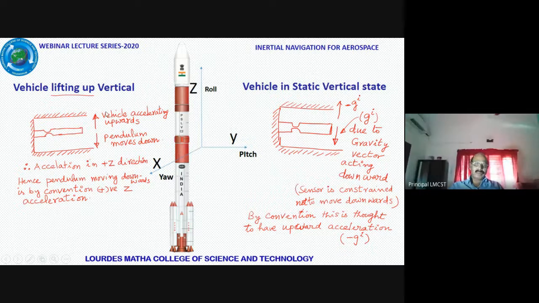Now, this is a case where the vehicle is accelerating vertically up. Now, assume on the ground, before taking off, before lifting off and accelerating upwards, the vehicle is stationary, vertical. At that time it is in a static vertical state.